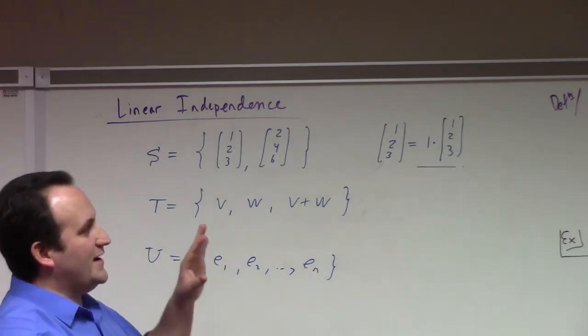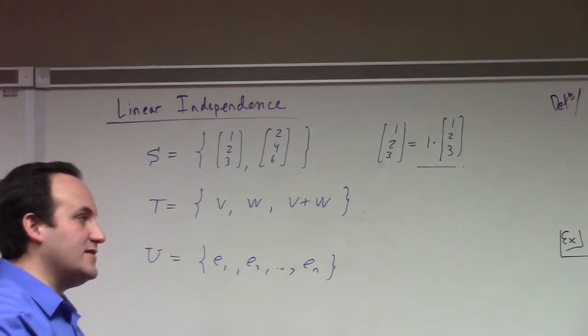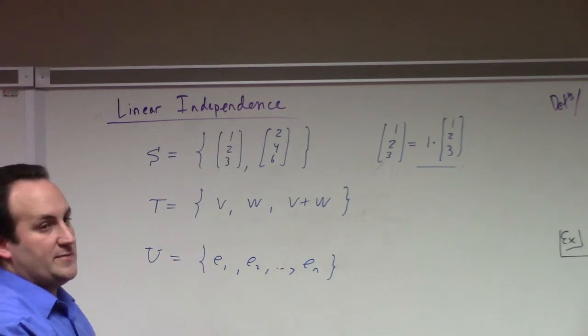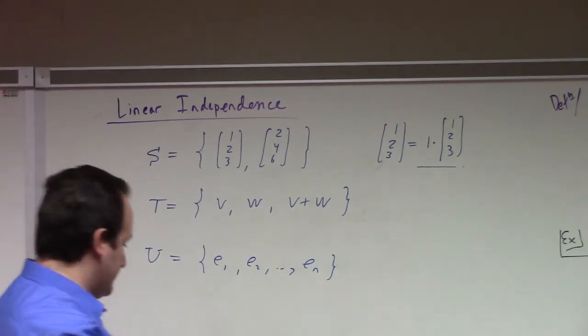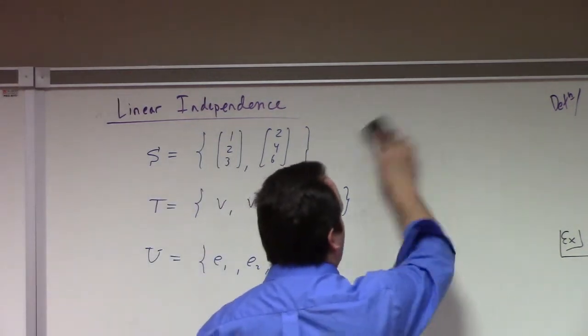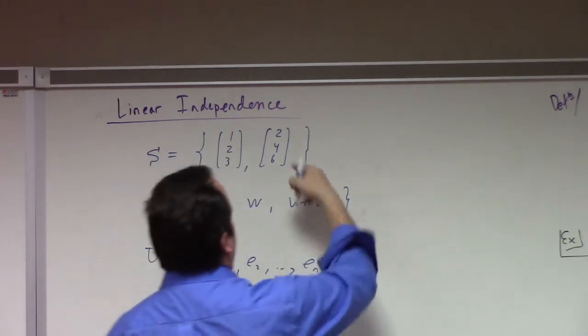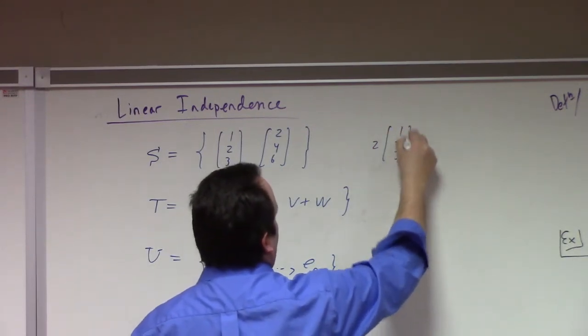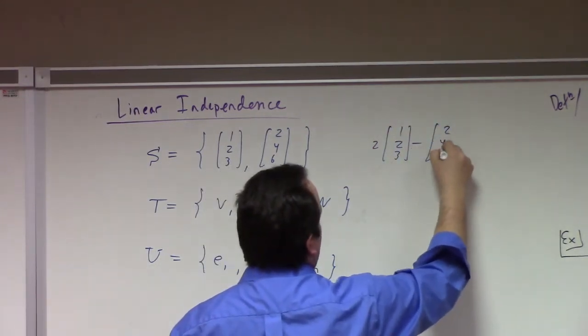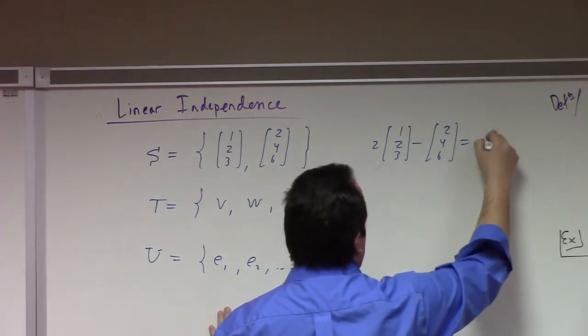So ignoring those kinds of stupid linear dependences, the question is, are there interesting linear dependences in the set? And there are. In this first one, I could say 2 times 1, 2, 3 minus 2, 4, 6 equals what? Yeah, equals 0.